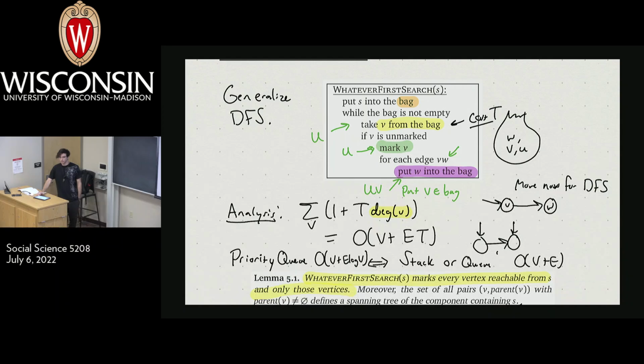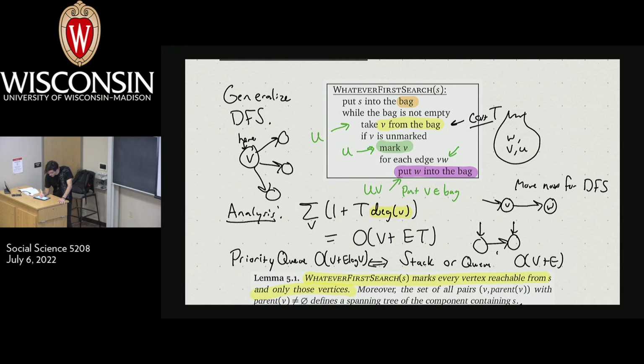So the marking is only so that we don't visit the same node multiple times. So the marking says this is a new node, we haven't been here before. So if we haven't been here before, you can think of physically we're walking on the node now. So we're physically here. And now we need to move further. So what the bag's saying is for every edge leaving V, we're going to put these on the bag to be visited later.